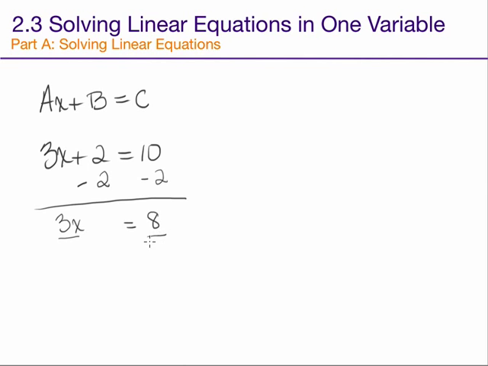Then dividing both sides by the number in front of x gives me my answer. So once in this form, add or subtract this number from both sides and divide both sides by this number. And there's your answer.